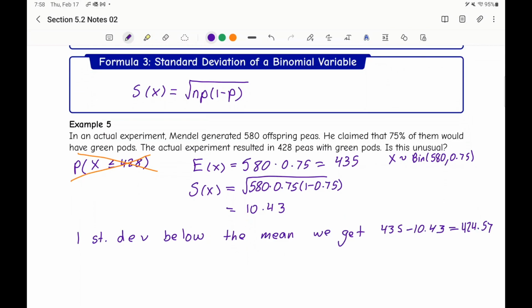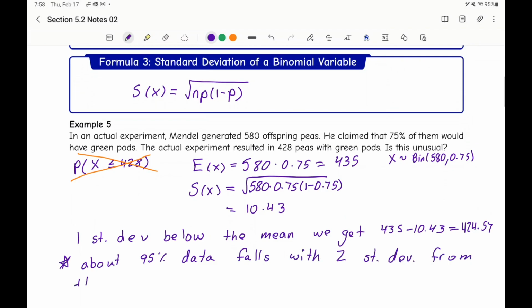And you don't always check one standard deviation below the mean. A general rule of thumb is about 95% of the data falls within 2 standard deviations from the mean, so 2 standard deviations below or above.